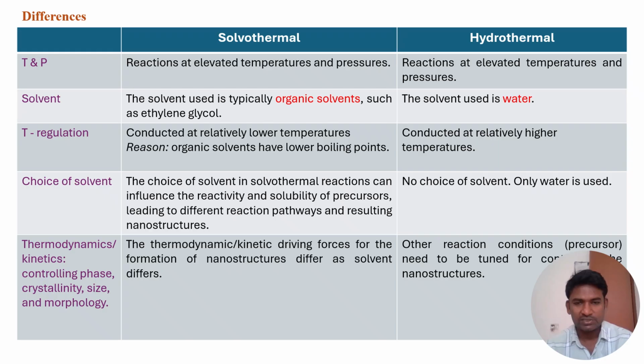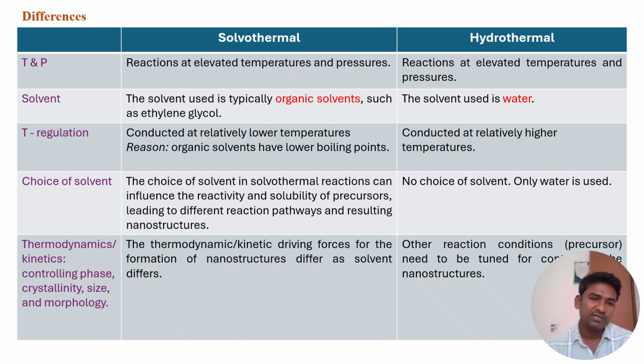That is why this is called the solvothermal method. Such as ethylene glycol, which means that we can change the solvent easily. We can move from one solvent to another solvent according to the boiling point. But in hydrothermal, the solvent used is water. So the difference is, here the solvent is an organic solvent, here the solvent is water. That is why this is referred to as solvothermal and this is referred to as hydrothermal.